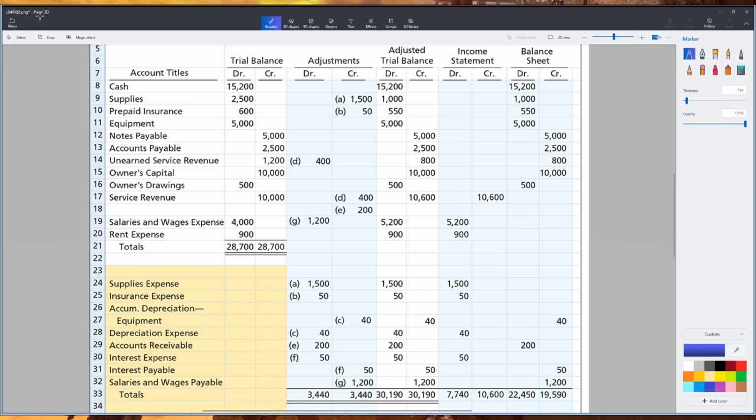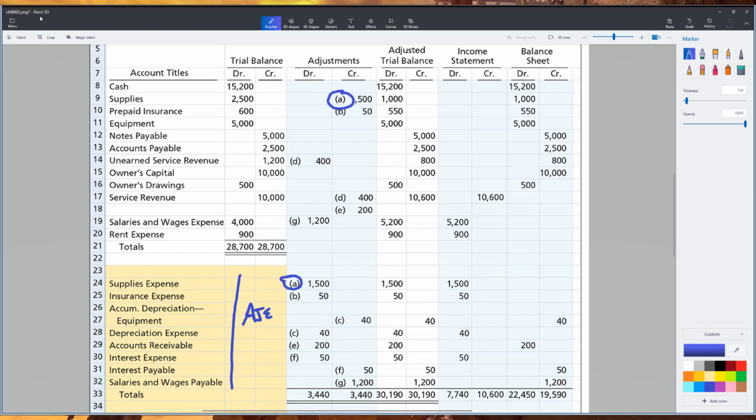Down here in yellow, we have all of these adjusting journal entries. And you can see they're typically fewer, and that we actually track them individually. So the supplies expense, you notice this has an A here and an A here. So what we can track is that someone went in and counted the supplies on hand.